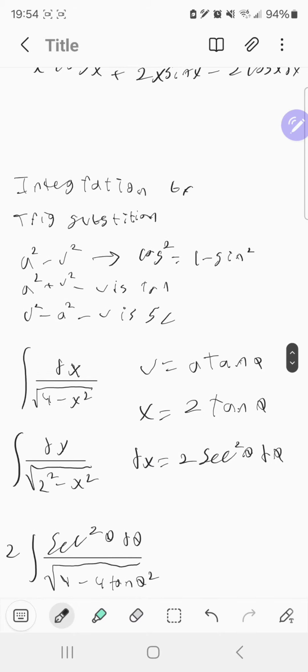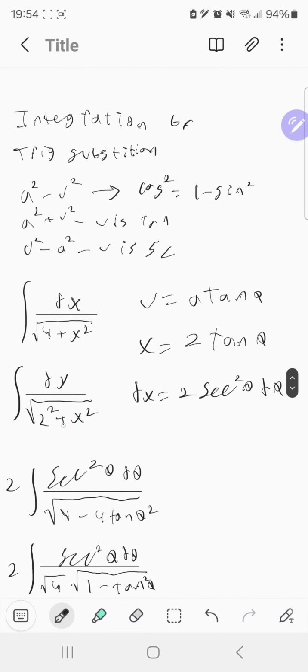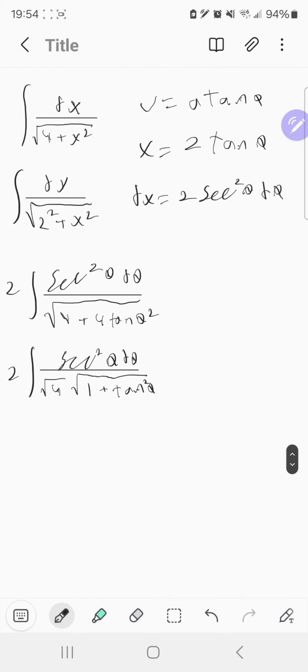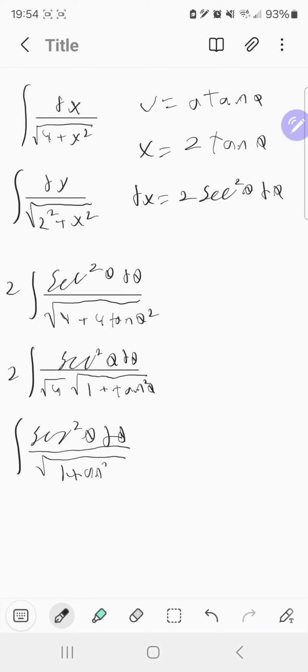Well, it's supposed to be a plus. When you're working with tangent, it's a plus. Now, the root 4 is 2, so that 2 goes away. So we should get secant squared theta d theta over 1 plus tangent squared theta.